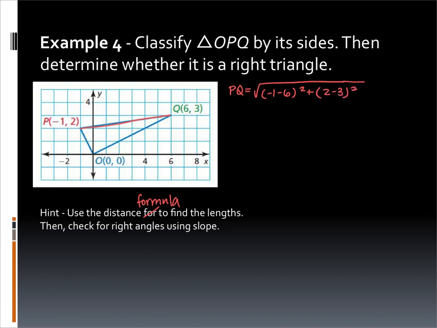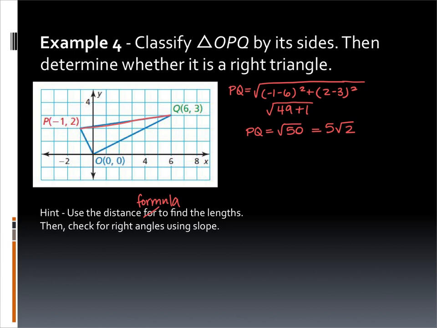So that's -7 squared, which is 49, plus -1 squared, which is 1. So that's going to be the square root of 50. Okay, and 50 is 5 times 10, so 5 times 5 times 2. So that's going to be 5 root 2.